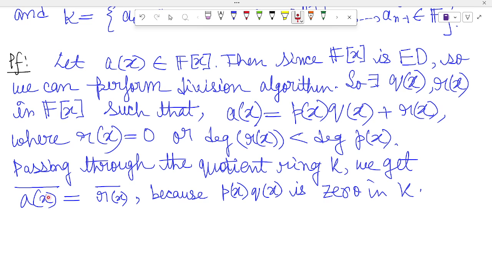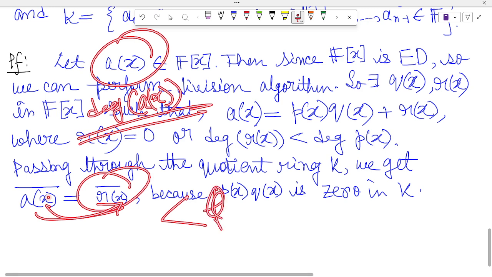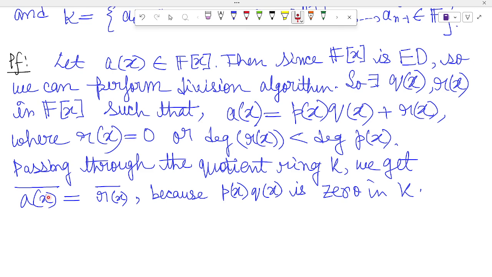So if I start with any polynomial of any degree, I don't know what is the degree of a(x), I will end up with a polynomial that has degree less than n. n means the degree of p(x). So in K, I will not get any polynomial of degree more than n minus 1.